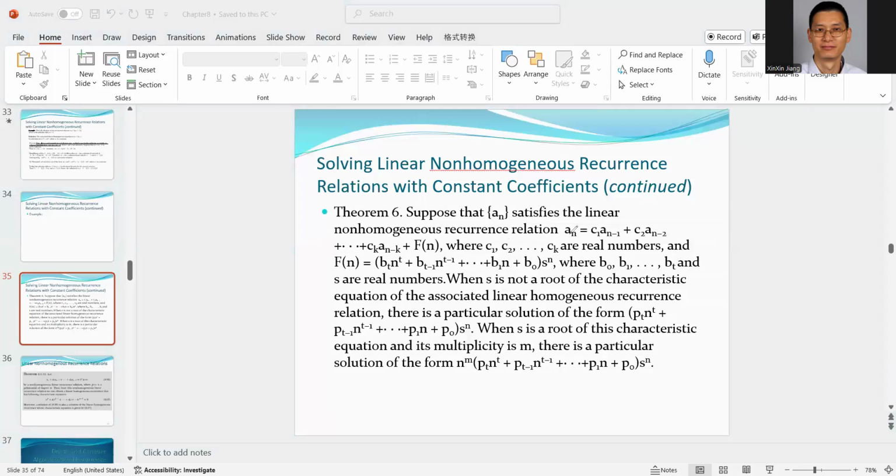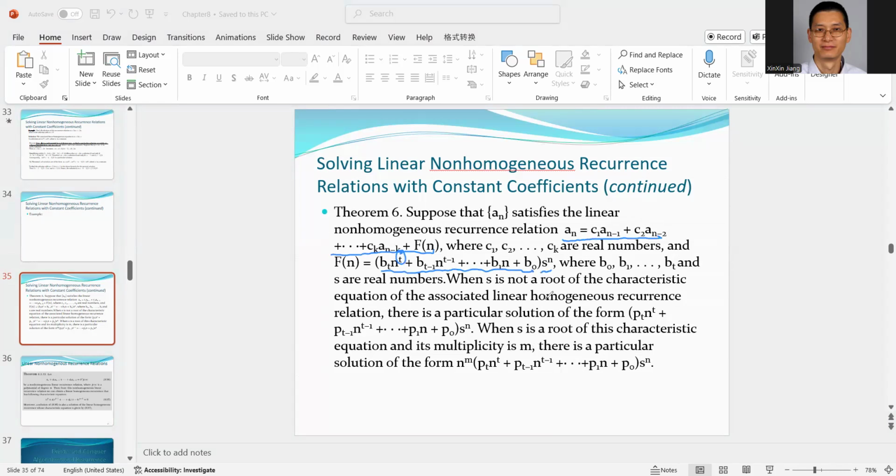So we have a non-homogeneous recurrence relation, okay? And Fn has this form, which is a polynomial times s to the n. It has a different look than what we had earlier, but essentially the same. It's a polynomial with degree t times s to the n. S is like b over the other theorem.